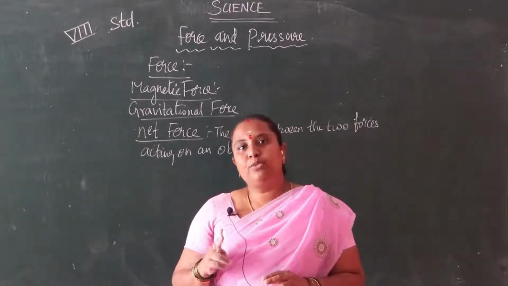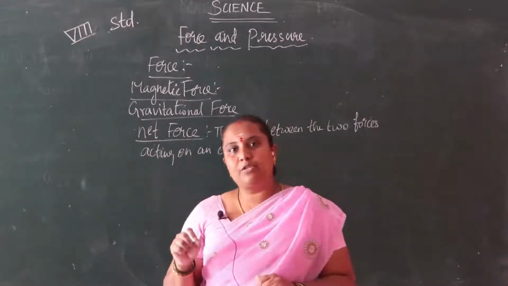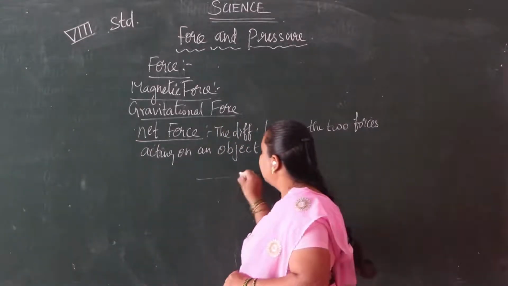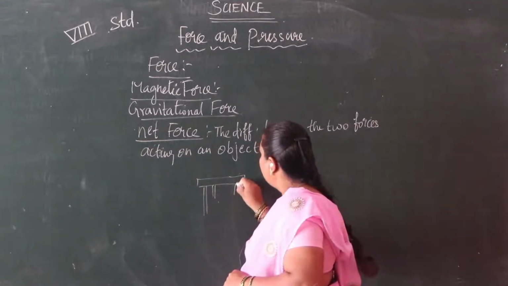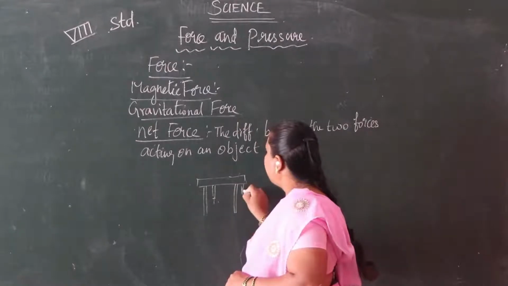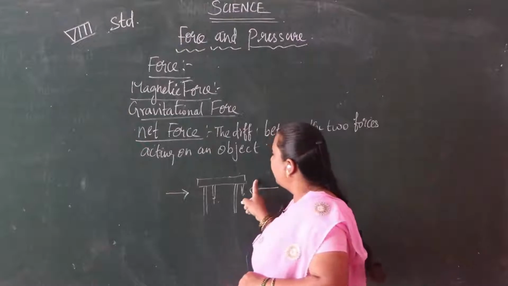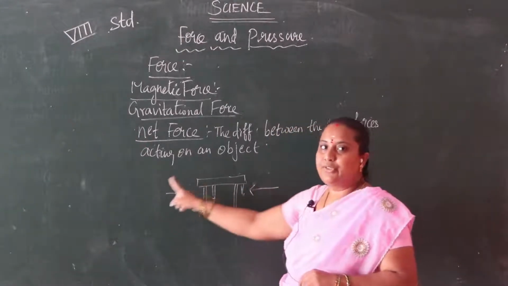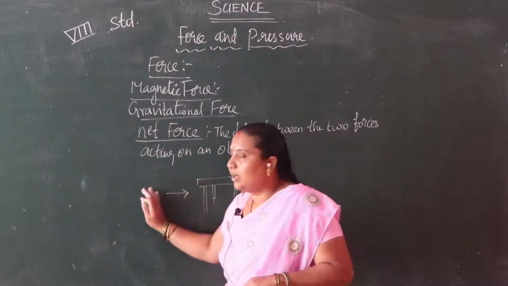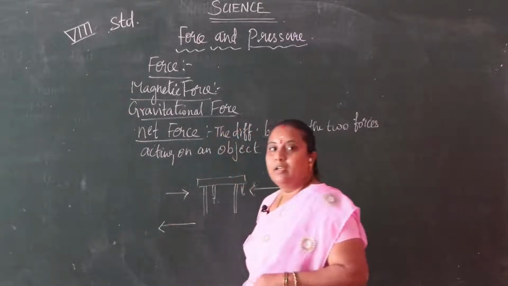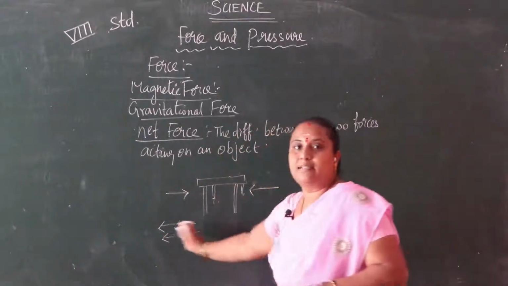Let us take this as a table. One child is holding this side and the other child is holding the other side. Both children are moving the table in the same direction, this side.